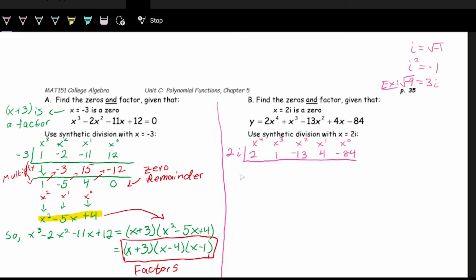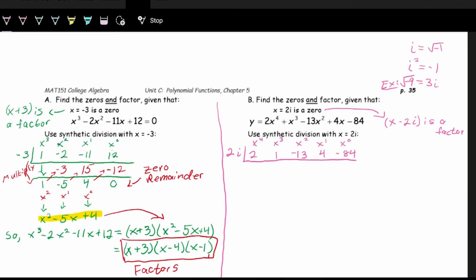Now this is kind of a longer process, and we won't be asked to do synthetic division with imaginary numbers, but I do want to talk about how imaginary numbers appear in the factors and in the zeros. So we have that this is a zero, which means you could say that x minus 2i is a factor.